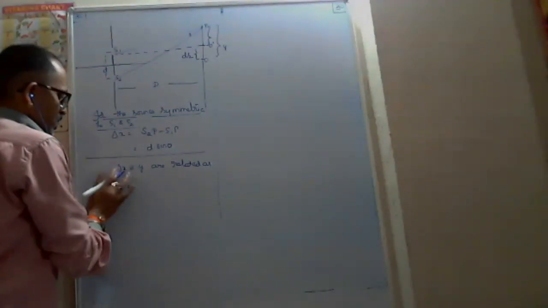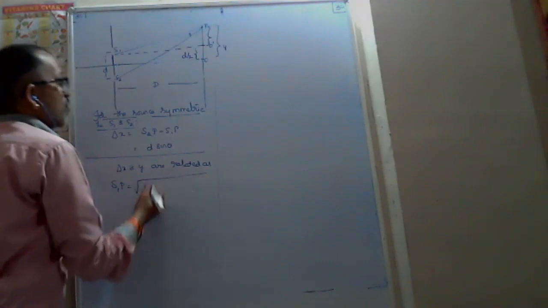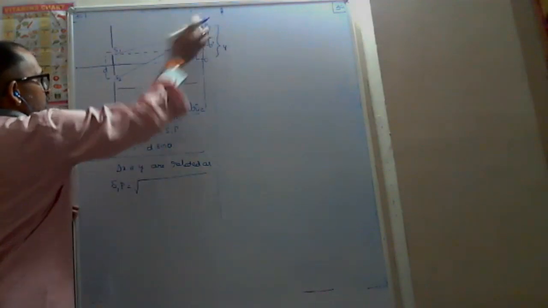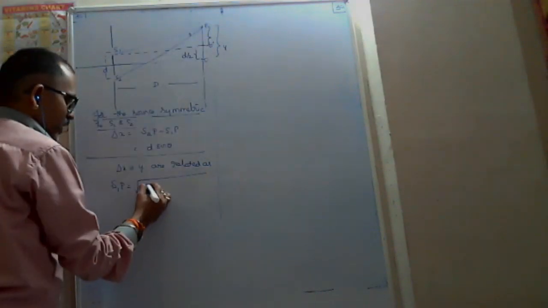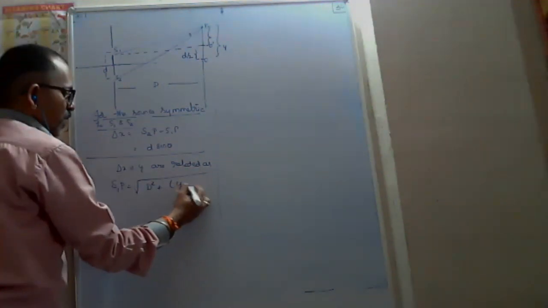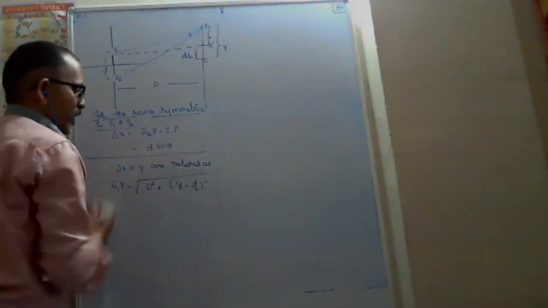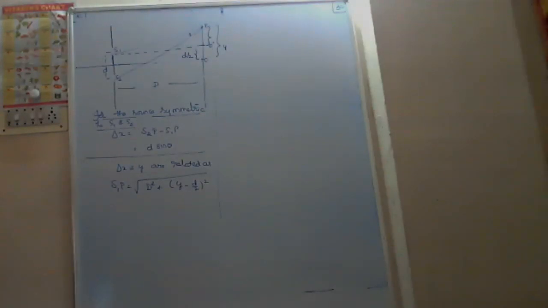By Pythagoras principle, S1P is the root of D square plus y minus d by 2 whole square. Is it correct? Yes, sir.